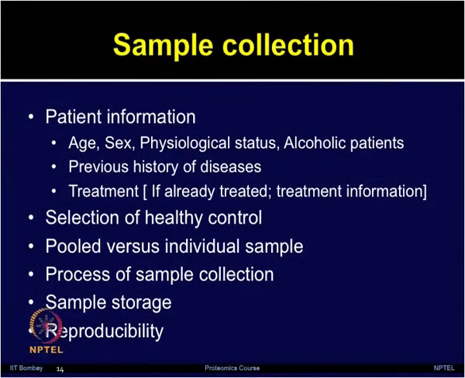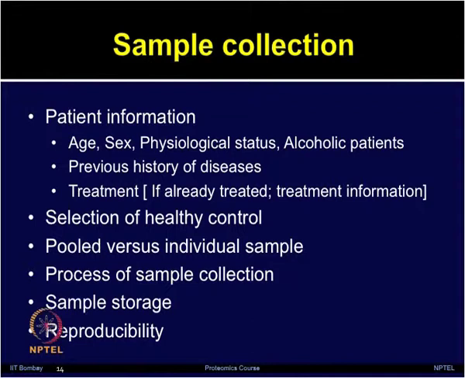So, to obtain the samples, first of all, one needs to get the ethics committee approval. The scientific committee has to look at the proposal and review and approve it, and then patients which fall into those categories which you want to investigate have to be enrolled after taking their consent, and ethically it should be approved.